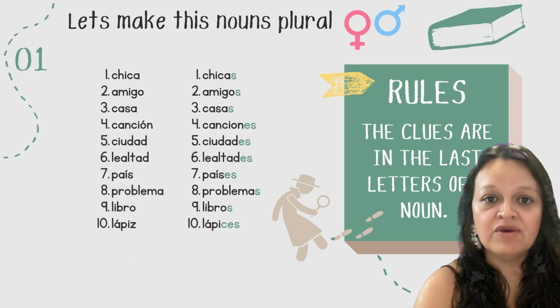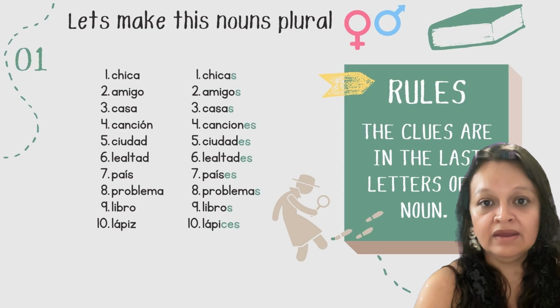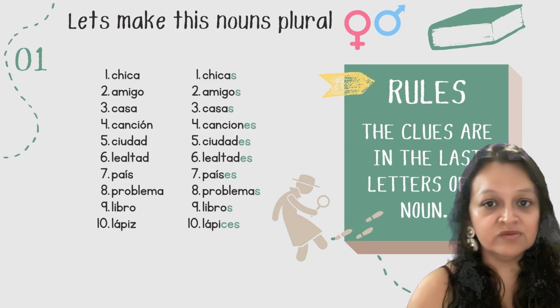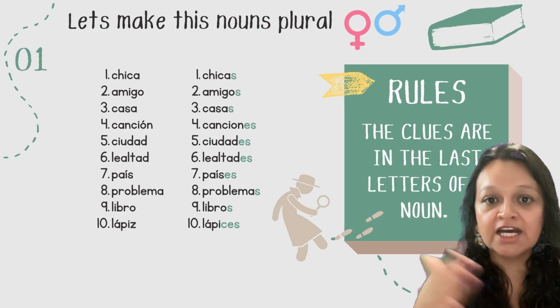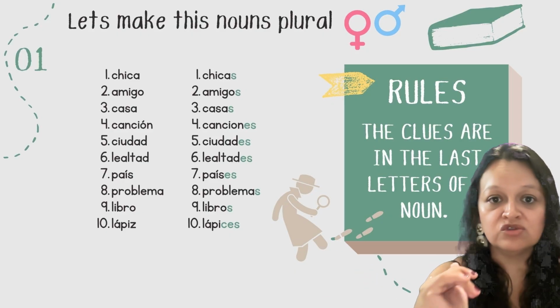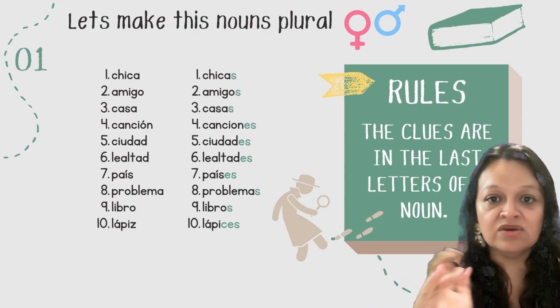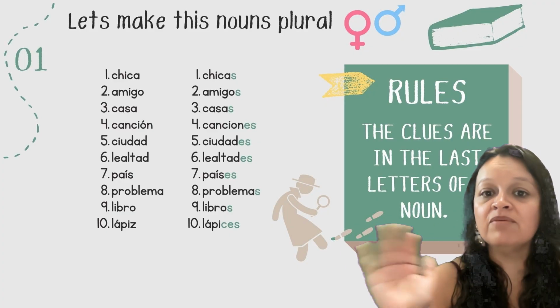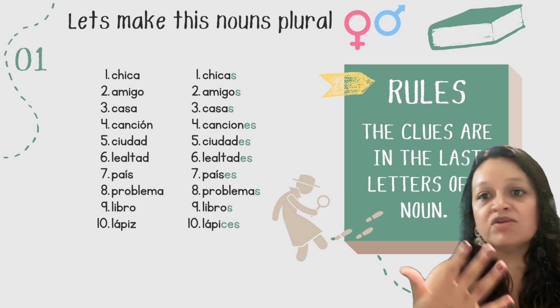Okay? So, in the next part, I want you to see the examples of how I make my same list of 10 nouns plural. This is what you thought. Go through them. Chica, chicas. Amigo, amigos. Casa, casas. Canción, canciones. Ciudad, ciudades. Again, I want you to go over them and see why. Tell me why, because they're already done.